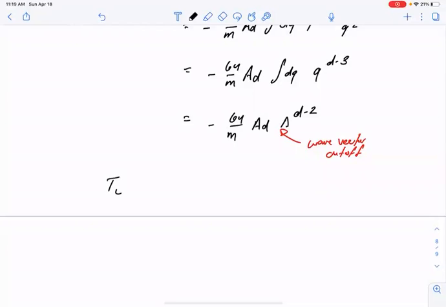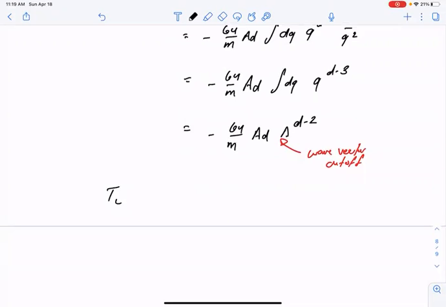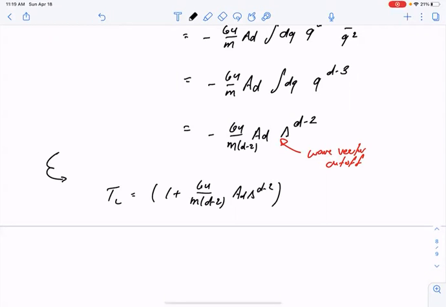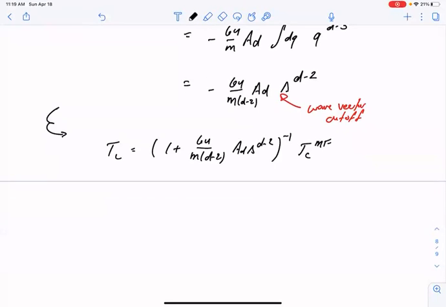So specifically rewriting A in terms of little t and c, we find that the new value of the critical point is given by the old value of the critical point suppressed by some number which is greater than 1.